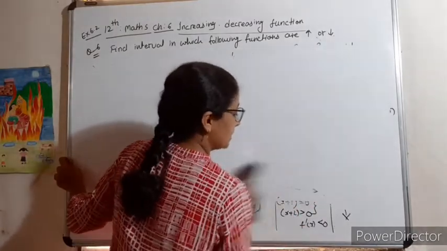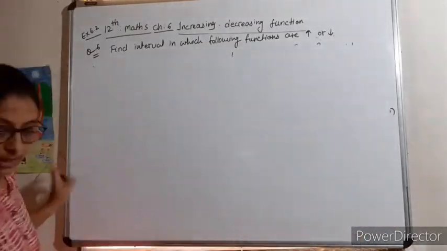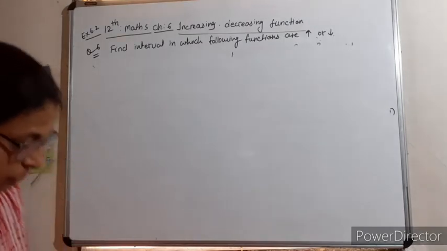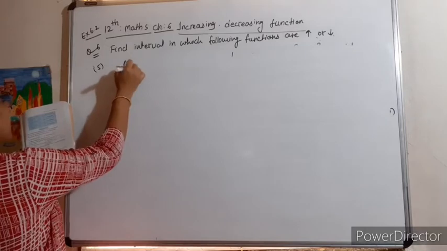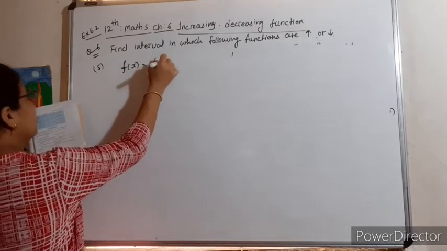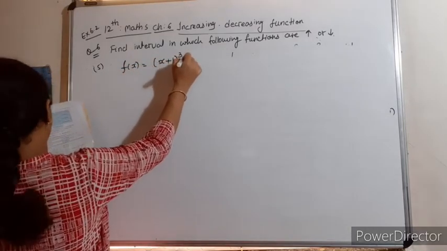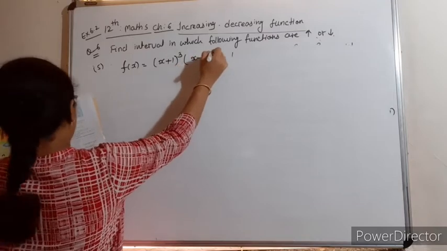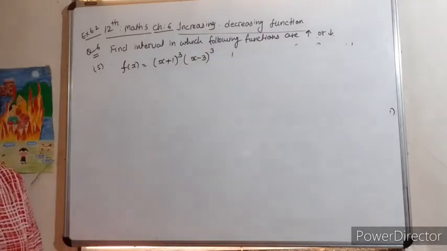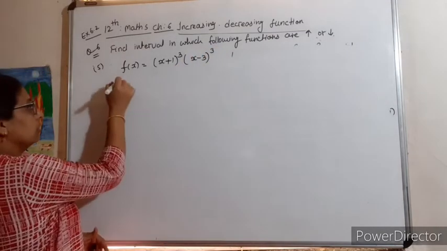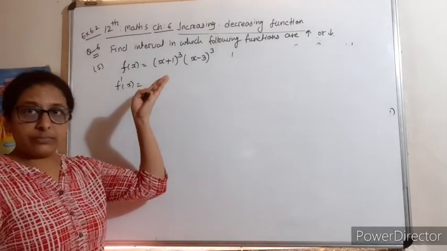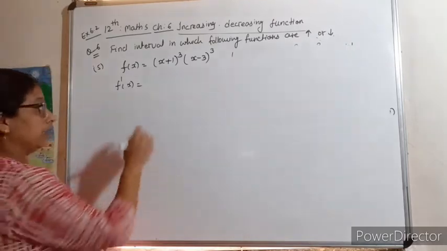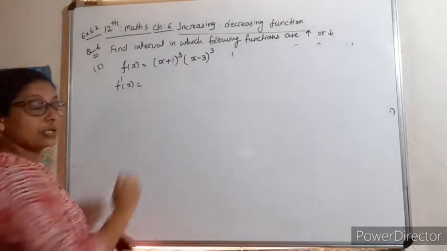प्लस माइनस इंटरवल में थोड़ा ध्यान रखिएगा. नाउ फिफ्थ वन, f x is equal to x plus 1 cube x minus 3 cube. Okay, now we'll directly find, don't expand, it is too long, so directly find the derivative. So here we'll use the multiplication rule.